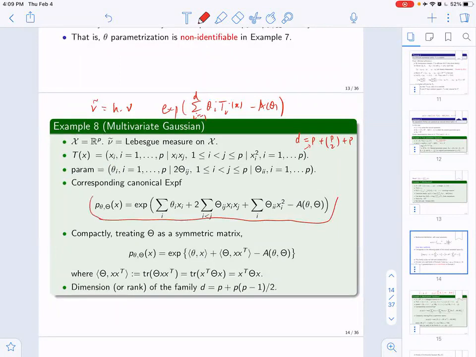And this turns out to be the multivariate Gaussian. So the multivariate Gaussian is the canonical exponential family associated with this sufficient statistic: all the polynomials of degree at most 2, not moments.